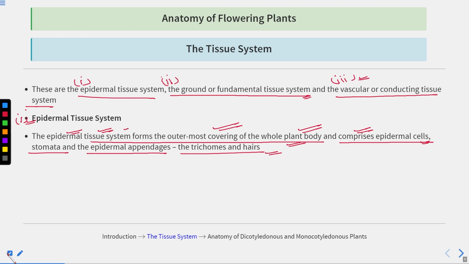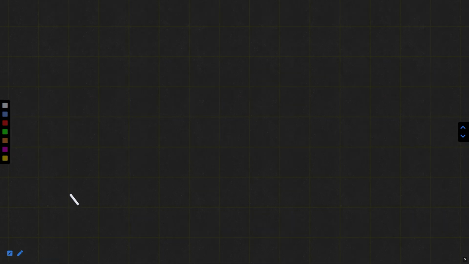So let us see these structures on the blackboard. Here we can see the epidermis, a single layer. If it is present on the leaf, then you can see the epidermis is present on the upper surface and lower surface as well.